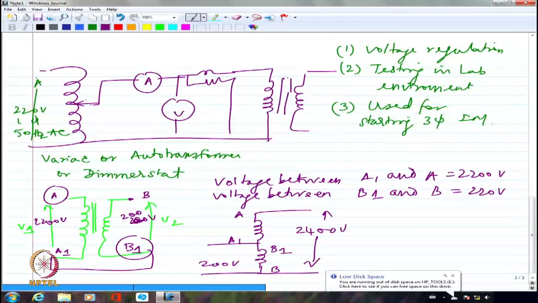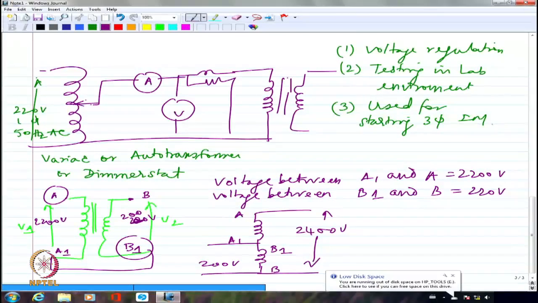At a particular instant. But later on, during the negative half cycle, you will have the same thing reversed. See, B is at a higher potential than B1, so if I call this plus, this is minus. I should also call this minus and this plus. Only if I connect plus to minus, minus to plus, will I basically have series addition, isn't it?